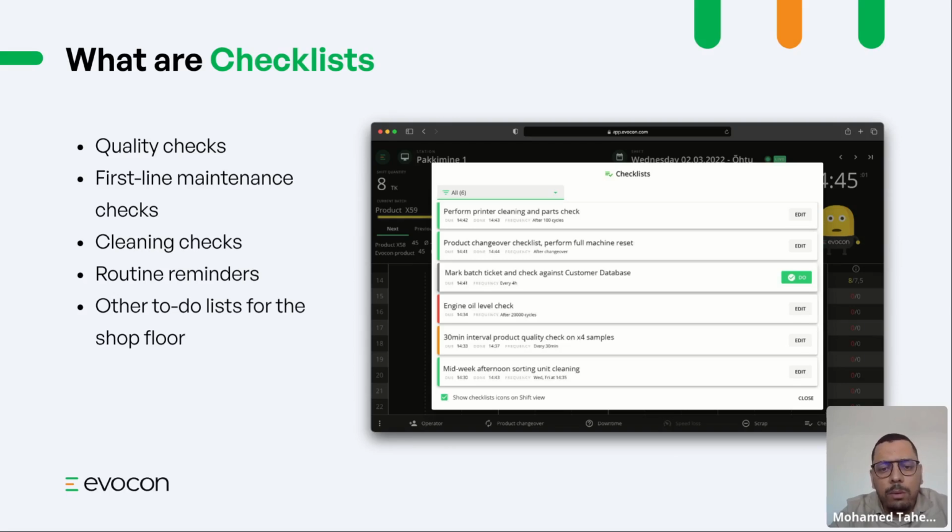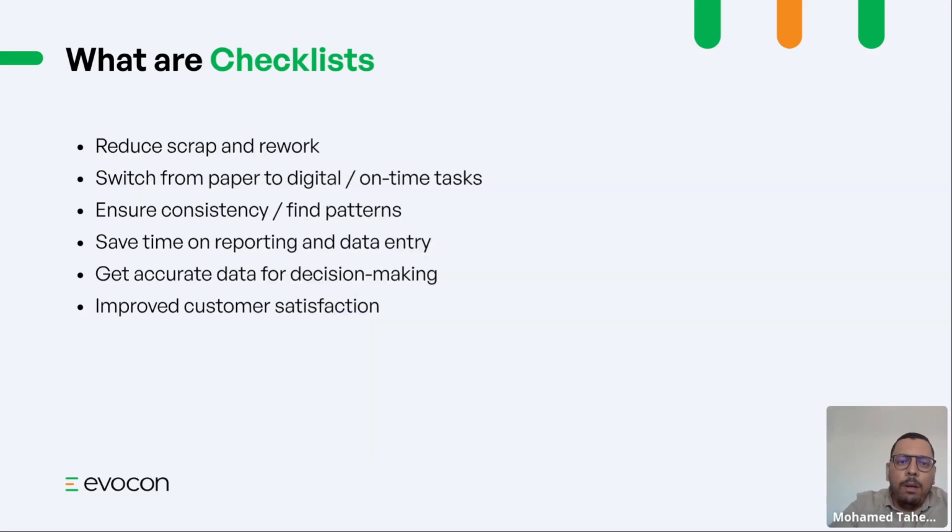It can be used for different case studies, meaning that any paper that you have inside the factory, we can automate inside Evocon. Some examples here: quality checks, first line maintenance checks, cleaning checklists, and routine reminders for production team, for utilities team, for quality team, and any other to-do lists for the shop floor can be digitized inside the platform.